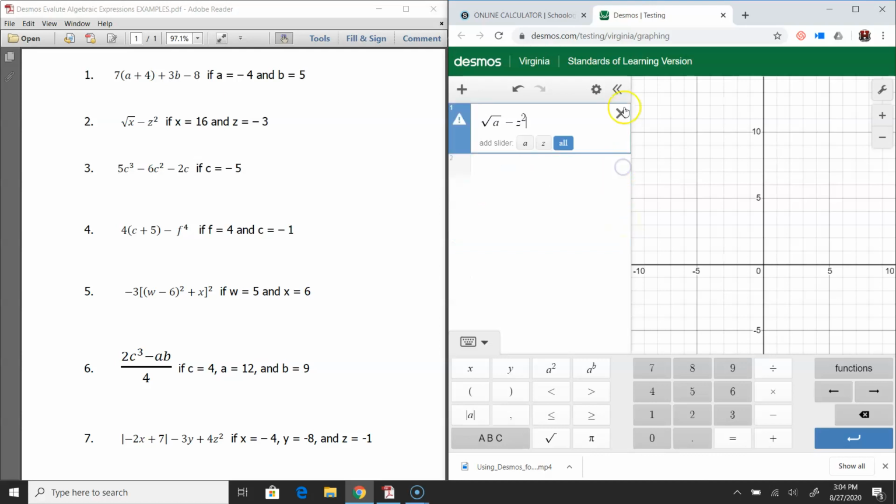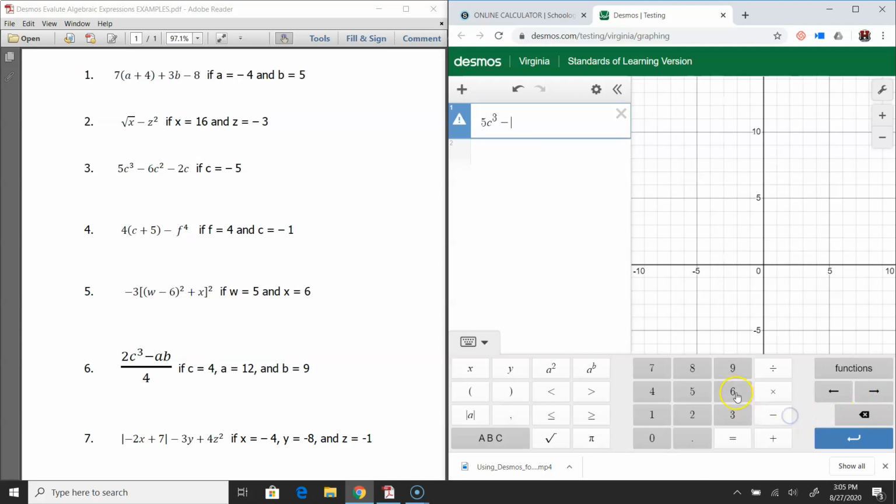All right, so let's X out of those, and let's go to this problem 3. On problem 3, we're going to do 5c, and we want to raise c to the third power. So we want to use our a to the b power key and put in that 3. Remember from our discussion earlier in the week, you'll have to hit the right arrow to get that cursor to come down.